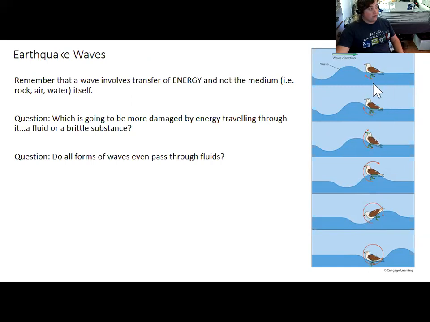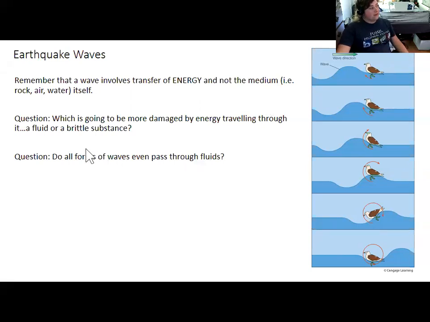You'll notice that the seagull gets moved up and down a little bit, but it doesn't actually get carried by the wave. The wave is moving energy, and the actual water molecules aren't really moving. It's just the energy rolling through the substance it's rolling through, aka the water.